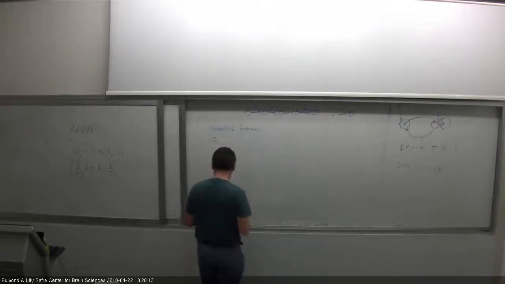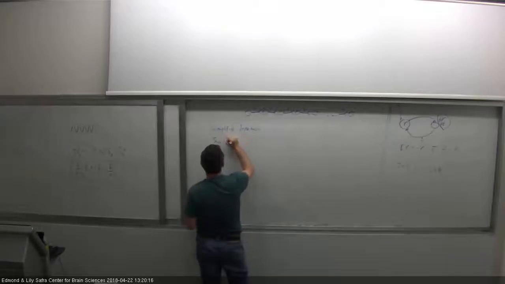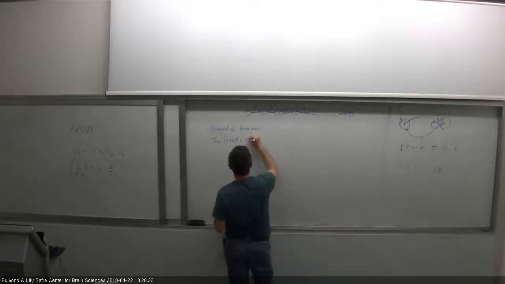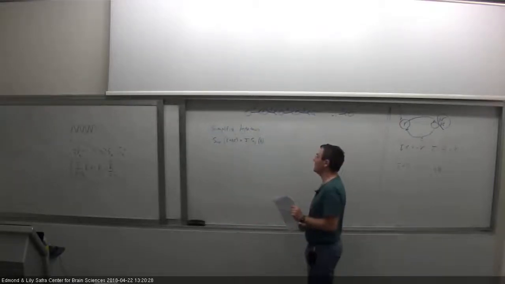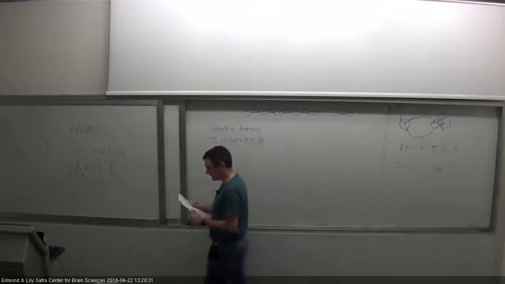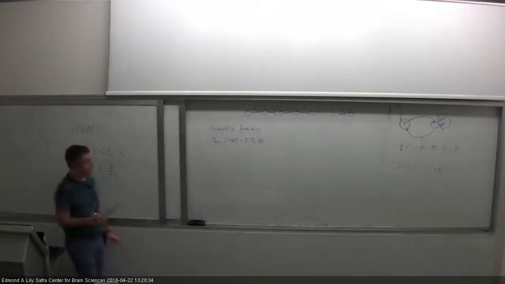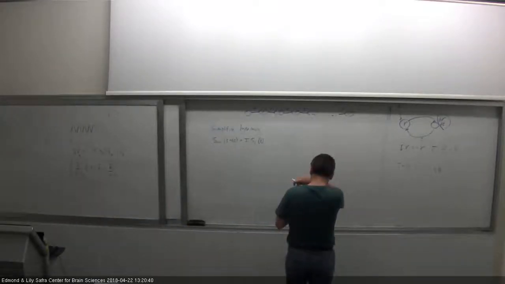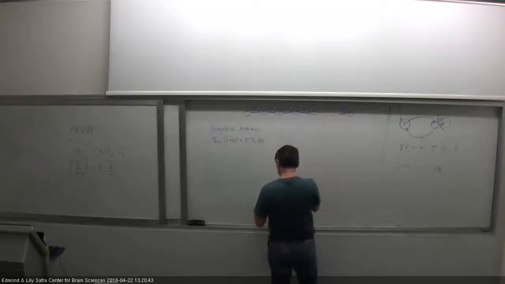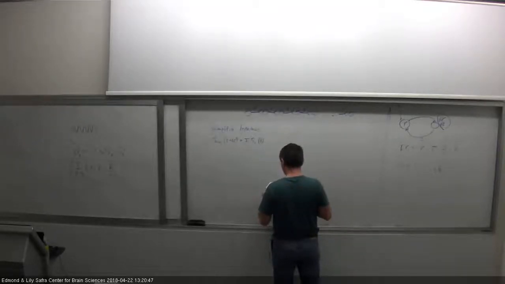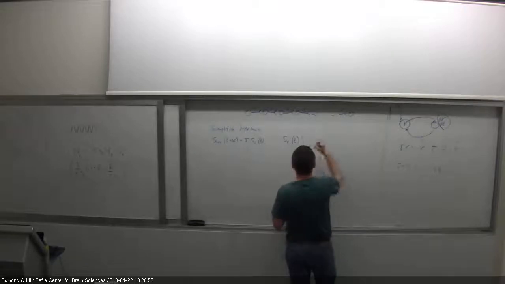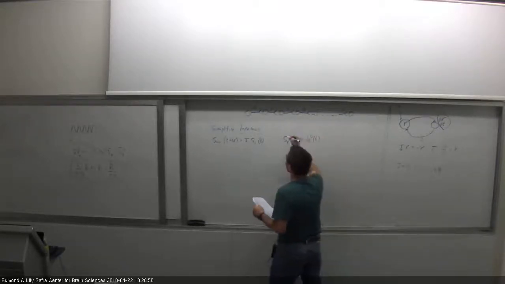The activity of neuron I plus 1 at time t plus delta t will be equal to the activity of neuron I at time t multiplied by the synaptic strength J. And the first neuron is a neuron to receive external input.